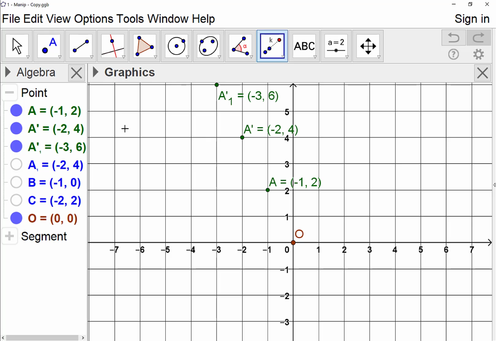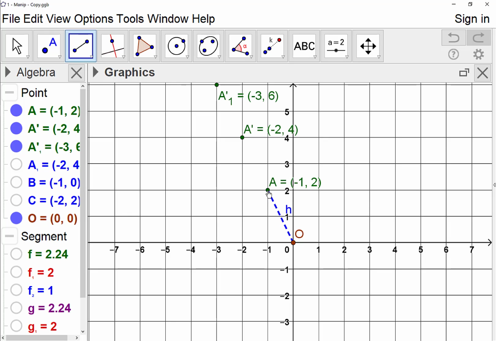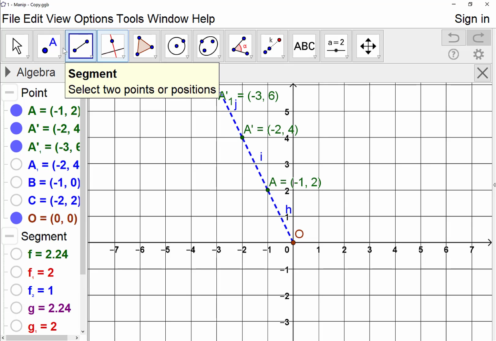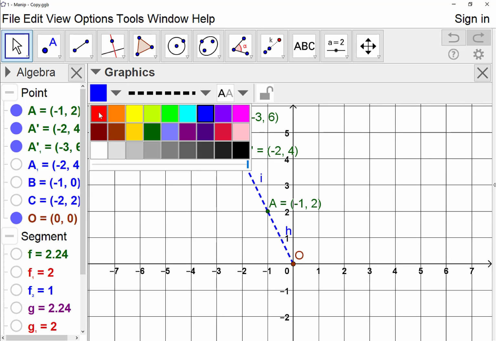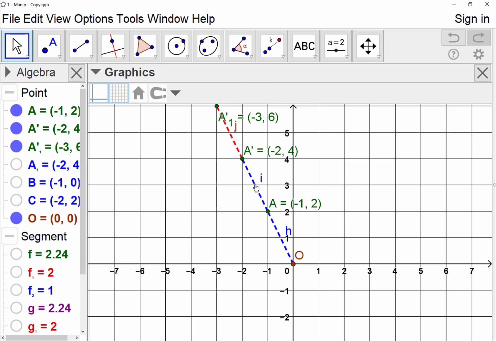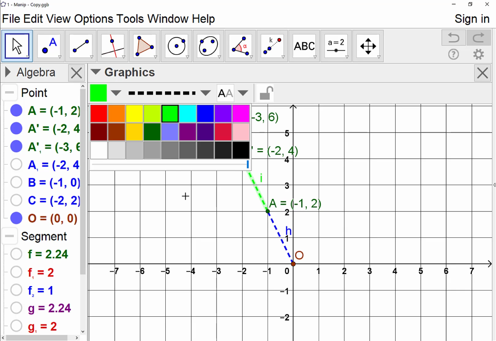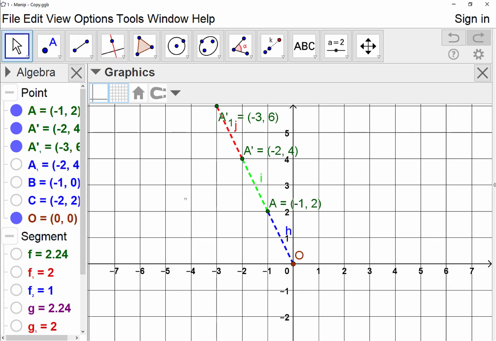What's getting tripled is the distance from each point to the point of dilation.